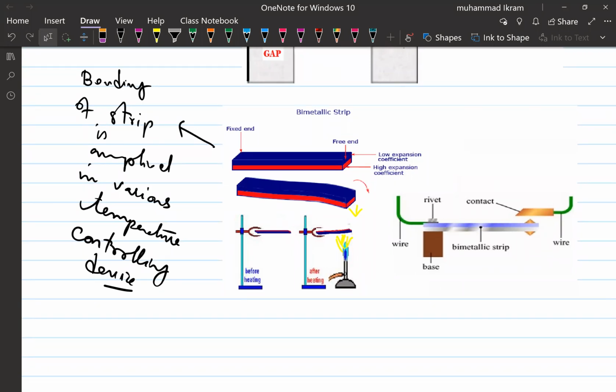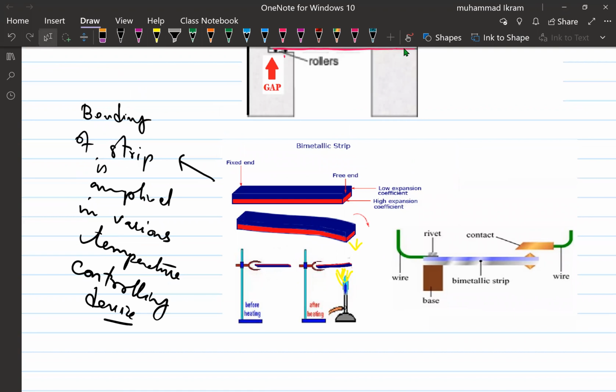Similarly, using rivets in steel, look at how this is applied. For example, if you have a heater, let me draw a heater here, like this, as you see.